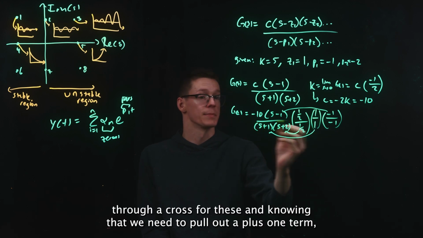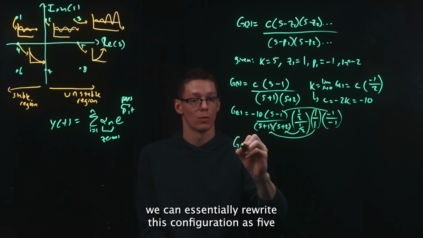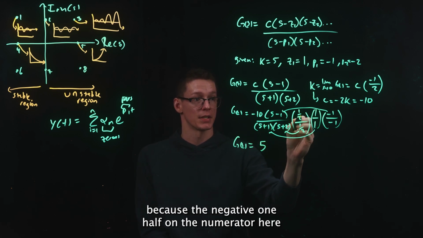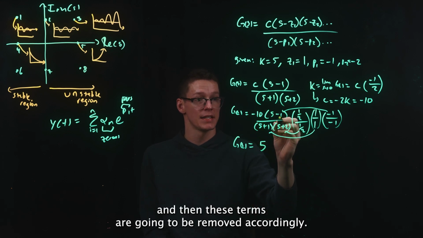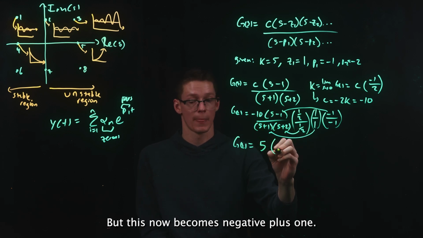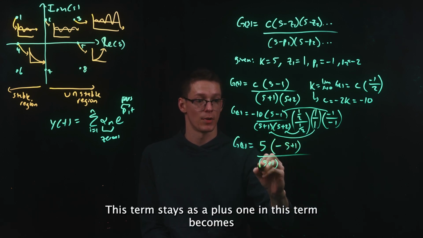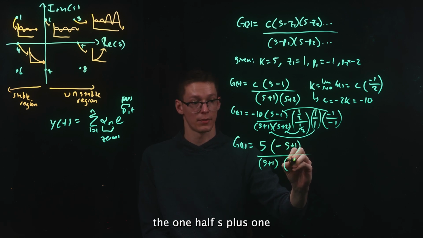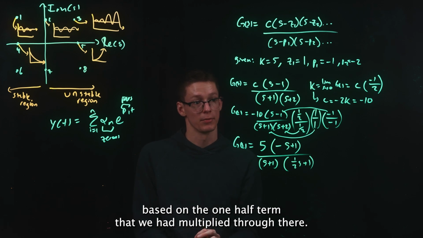So just multiplying through across for these and knowing that we need to pull out a +1 term, we can essentially rewrite this configuration as 5, because of the -1/2 on the numerator here. And then these terms are going to be moved accordingly. But this now becomes -s plus 1. This term stays as s plus 1. And this term becomes the 1/2 s plus 1, based on the 1/2 term that we had multiplied through there.